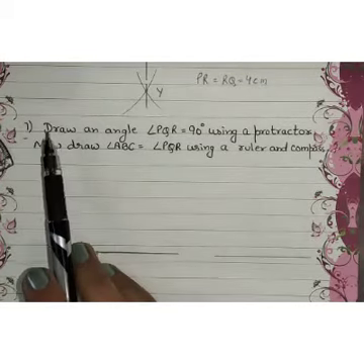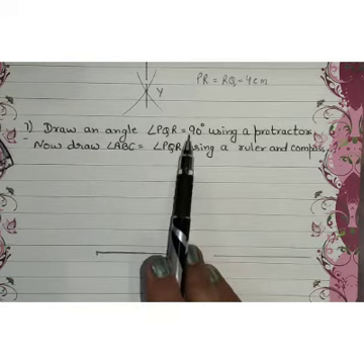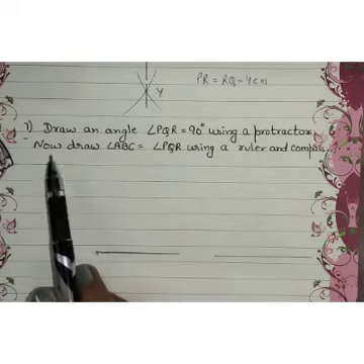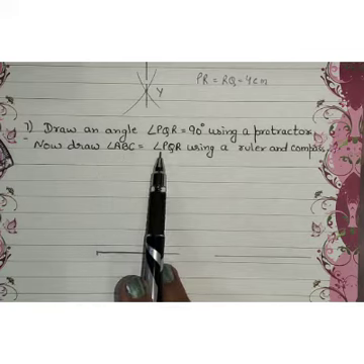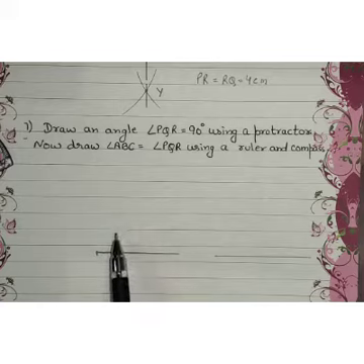Question number 7 is: draw an angle PQR equal to 90 degrees using a protractor. Now draw angle ABC equal to angle PQR using a ruler and compass. For this, we have to draw an angle of 90 degrees first using a protractor.